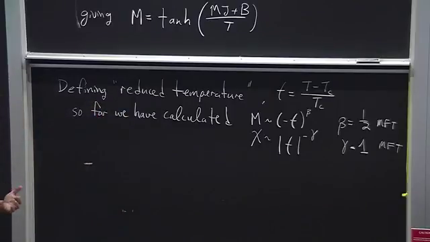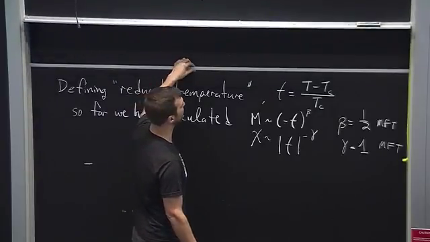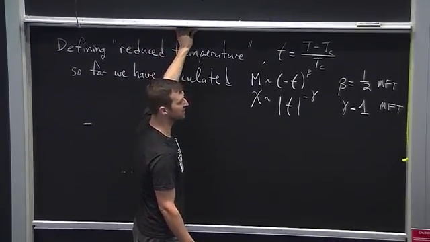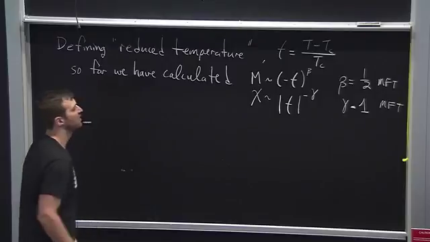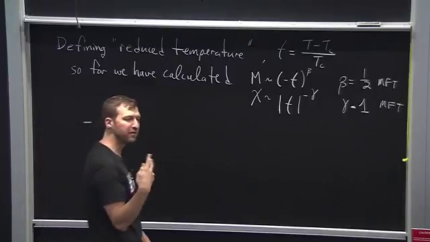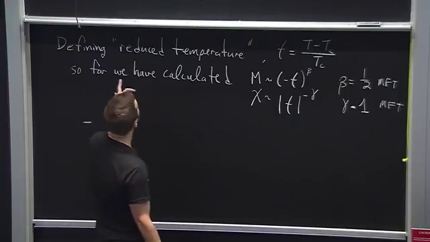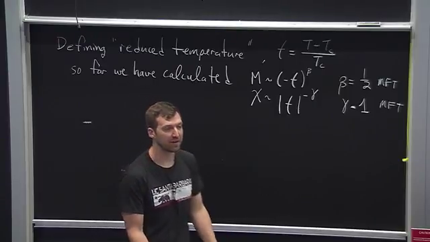Okay, so corrections to these mean field exponents, as I said before, are one of the main calculations that we're going to be doing in this class. So let me go on and calculate 2 more mean field critical exponents just from this basically simple free energy, okay?